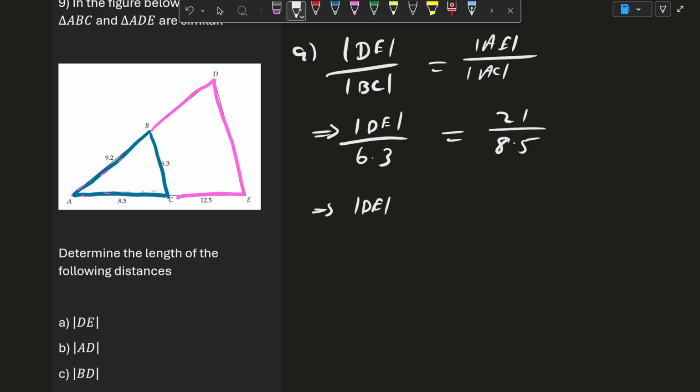So DE is 21 times 6.3 all over 8.5, which is something we can ask our calculator to do. So 21 times 6.3 all over 8.5 gives us our answer, to the same degree of accuracy, 15.6 units.